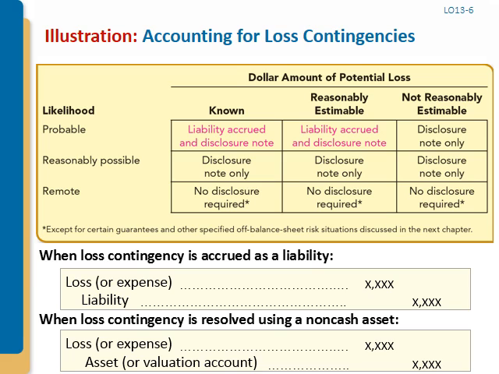Notice, if it is remote, no disclosure is required ever. So remote is not required. If it is reasonably possible, it is disclosure only. It is only when it is probable and known or probable and reasonably estimable do we have to actually accrue the liability and make a disclosure note.